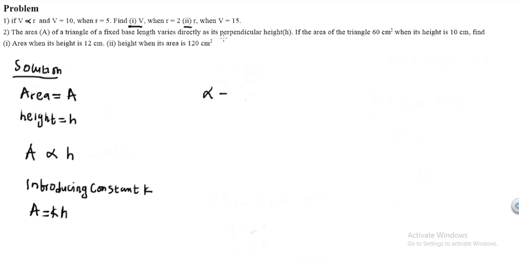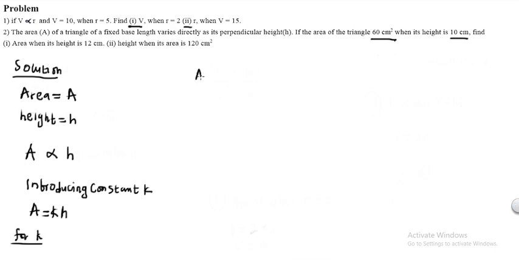So what is the information we are given about H and A that can help us get our constant? We are told that the area of the triangle is 60 centimeters square when its height is 10 centimeters. So we are going to use this information to get our constant k first.